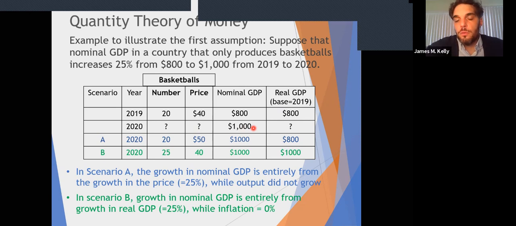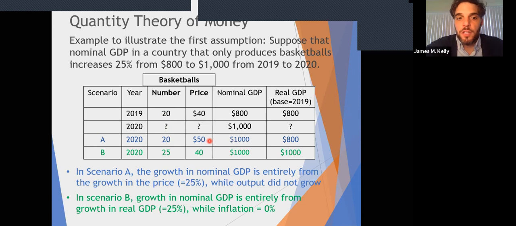The question is whether that increase in nominal GDP is coming from an increase in quantity or from an increase in price. In scenario A, I assume that the number of basketballs being produced is exactly the same. There's no growth in output, and the entire growth in nominal GDP is from growth in the price of basketballs.